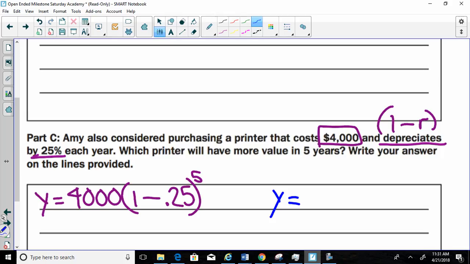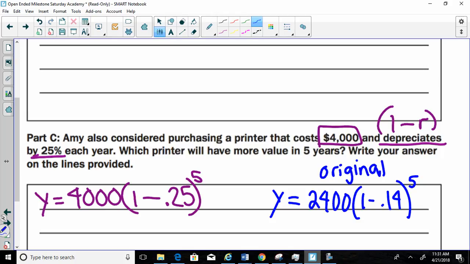And then the other one, we would start with 2,400, 1 minus 0.14, which is 0.86, to the fifth. You want to find both these answers, the original printer and the new one. First find this answer by putting it in your calculator.